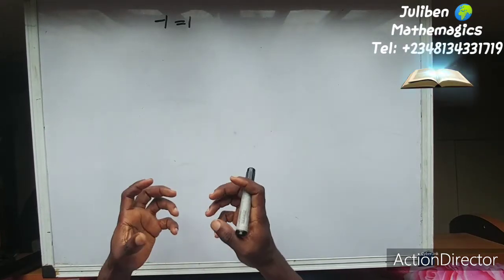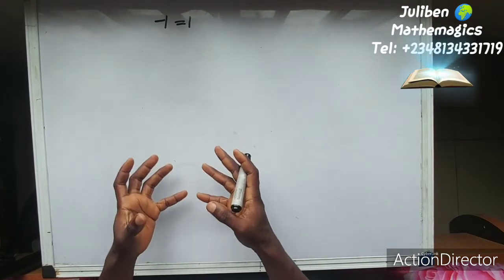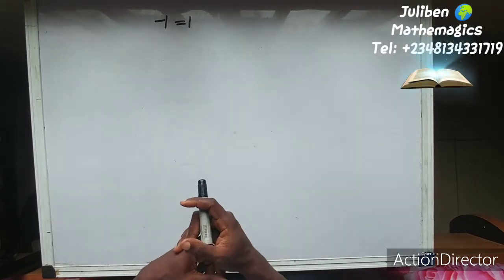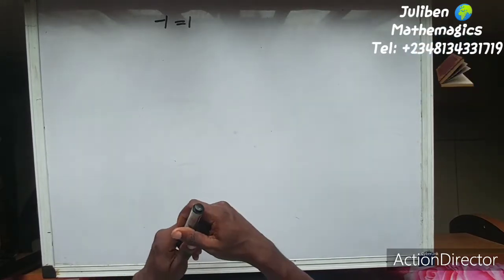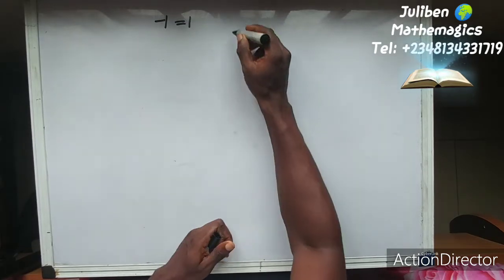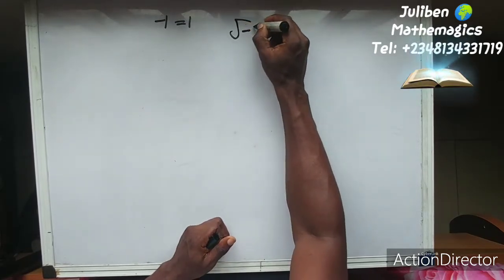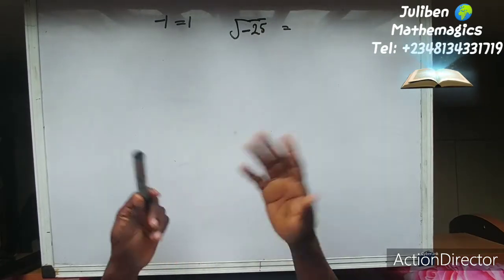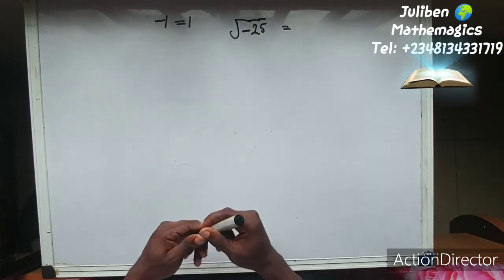Now before you will be able to enjoy this proof, you need to have some little mathematical background, especially in complex numbers. The square root of a negative number, actually, if I ask you for the square root of -25, for example, if you press your calculator, it will tell you syntax error or math error, as the case may be.